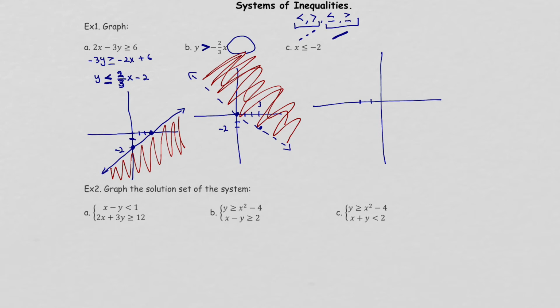And it says the values that are smaller than or equal to, so solid straight line, and smaller should be on the left. So that's going to be negative 2. That's how you're going to find your area.